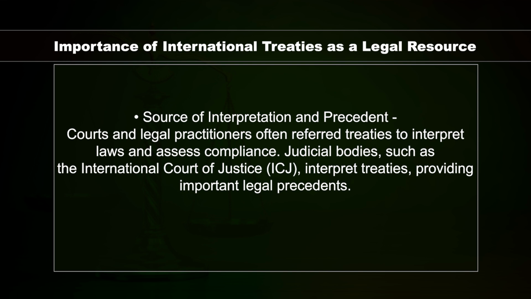Further, source of interpretation and precedent. Courts and legal practitioners often refer to treaties to interpret laws and assess compliance. Judicial bodies such as the International Court of Justice interpret treaties, providing important legal precedents.